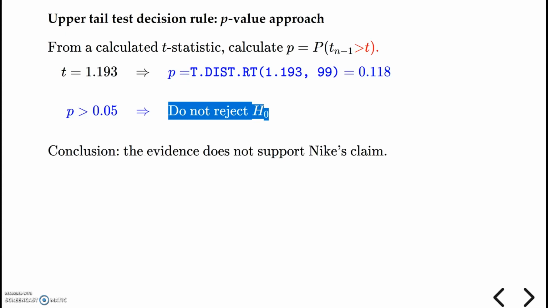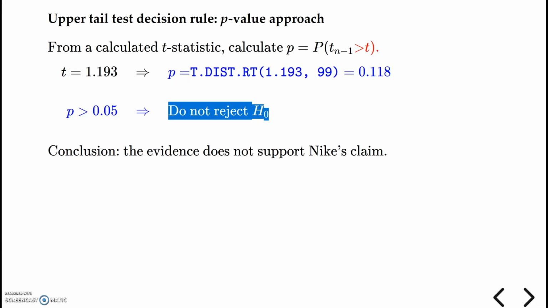It's very important that you make a conclusion based on what you did in the hypothesis test. The research question asked of us was whether we have sufficient evidence to say that Nike's claim is correct. Under that question, we formed the null hypothesis to be mu equals 208.